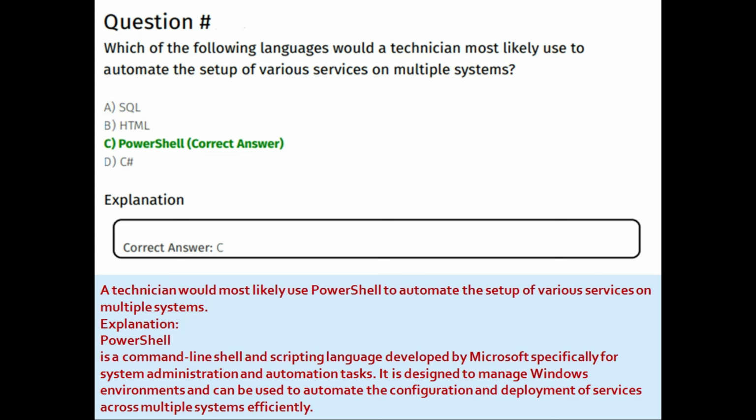PowerShell is a command line shell and scripting language developed by Microsoft specifically for system administration and automation tasks. It is designed to manage Windows environments and can be used to automate the configuration and deployment of services across multiple systems efficiently. That's why the correct answer is C, PowerShell. So let's move to the next question.